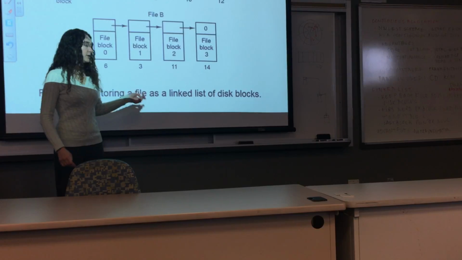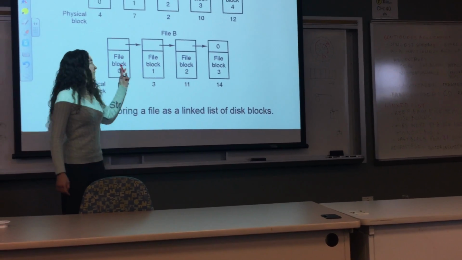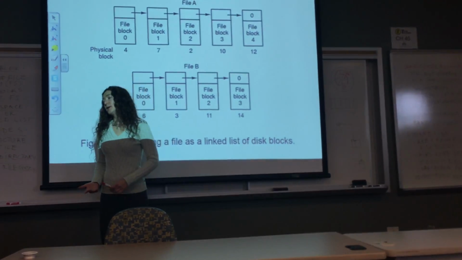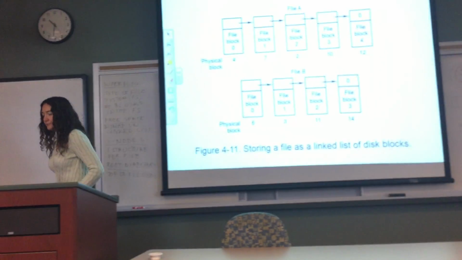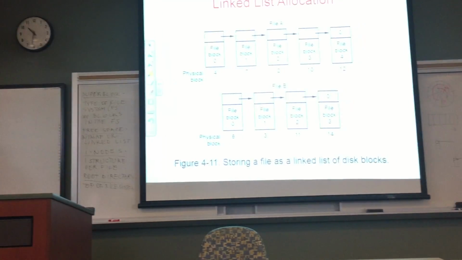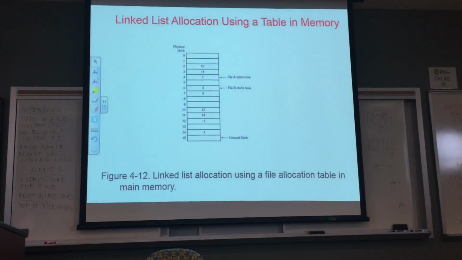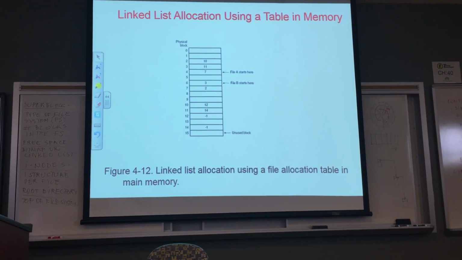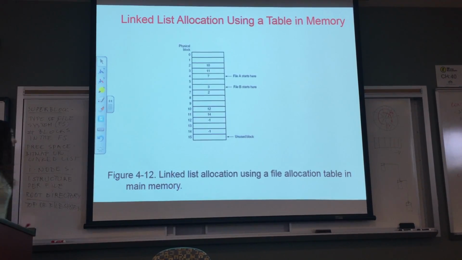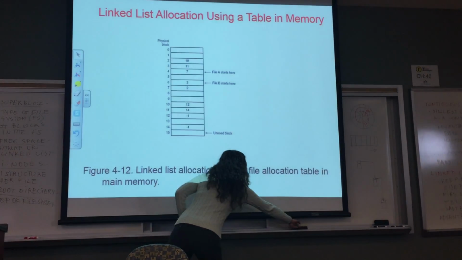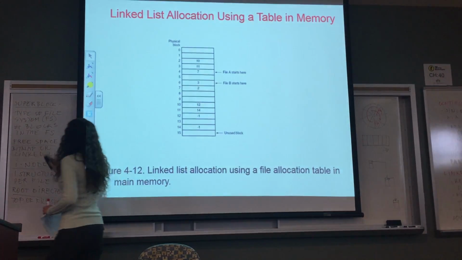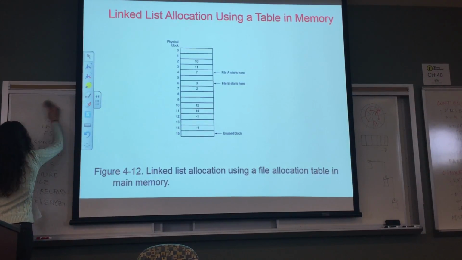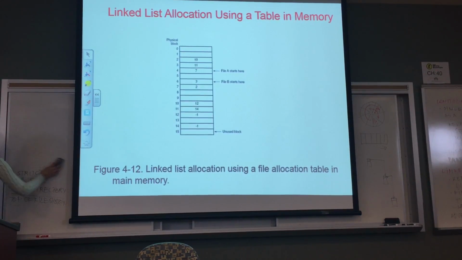We have the same situation here, so if we try to load these pointers into the RAM, we might speed up the reading of the files. So we could use the linked list and create a table in memory to show in which blocks the parts of the files are located.